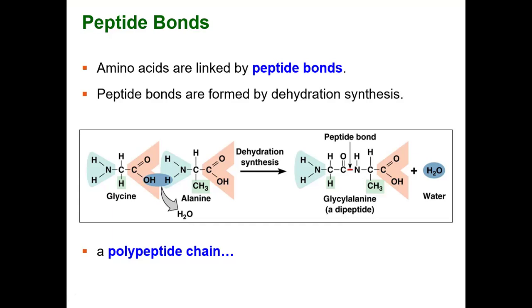And so we call this bond a peptide bond because it is found in peptides. And if you remember, a peptide is a shorter version of a protein. When you're adding amino acids together, we call it a peptide until you add the last amino acid on, in which case we then call it a protein.